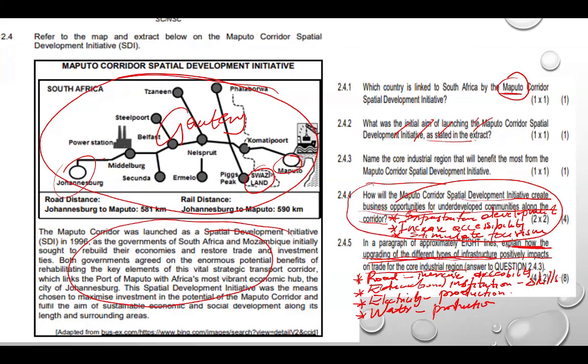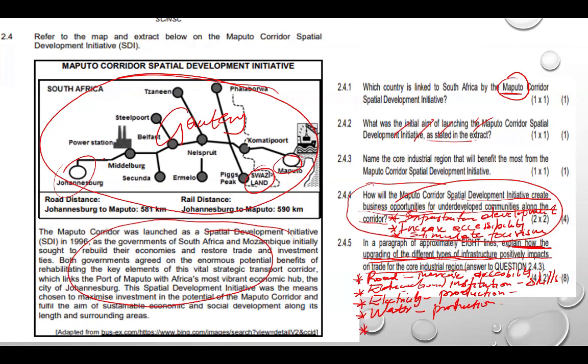There are agricultural activities taking place along the Maputo corridor, which means water availability will increase, which will then increase farming productivity. Electricity will help with industrial production. Educational institutions will provide skills that are needed for electricity production, for water maintenance, and for manufacturing in general.